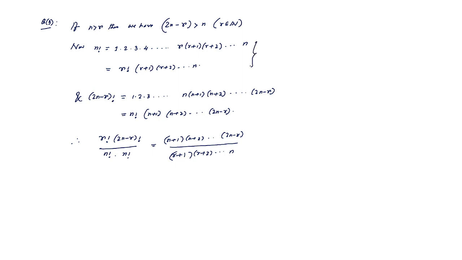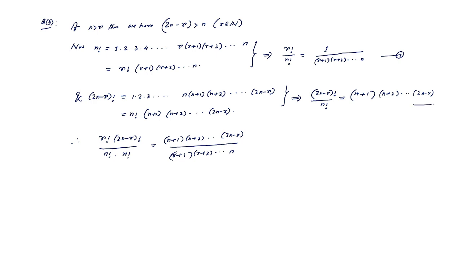So actually from this expression what we will get? We will get r factorial by n factorial, this is basically 1 by r plus 1 into r plus 2 up to n, and from this you can write 2n minus r factorial by n factorial equals n plus 1 into n plus 2 up to 2n minus r.